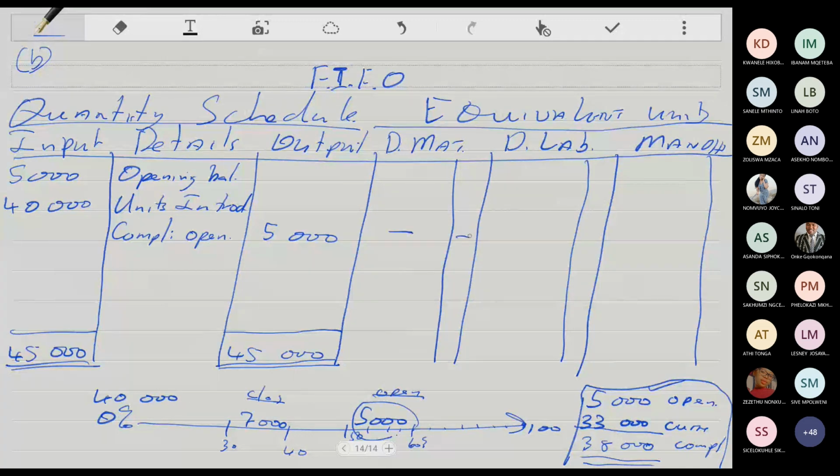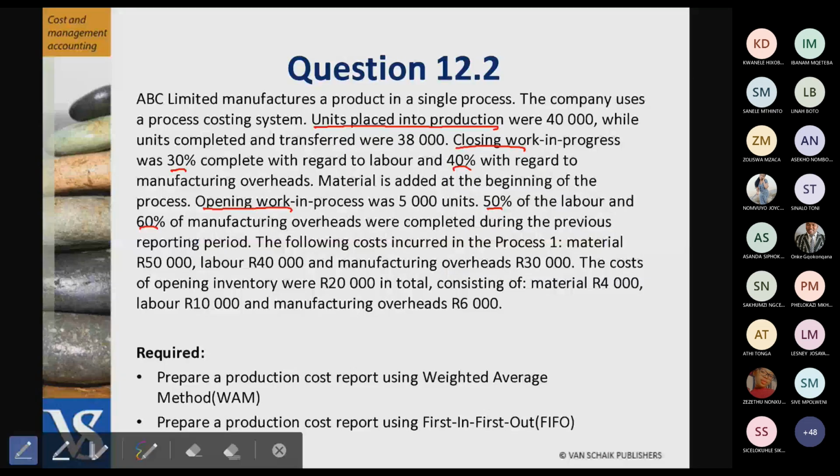I'll tell you what, because there is a statement in the question that helps us to be comfortable to say that. Let's go and check that statement in the question so that you can be clear why we are saying there was nothing short in terms of our direct material.